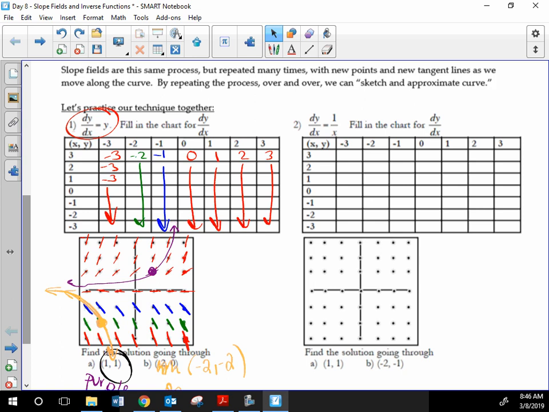And as you can see, our derivative, or our little slopes, are going to be based upon x more so than y, since x controls it.